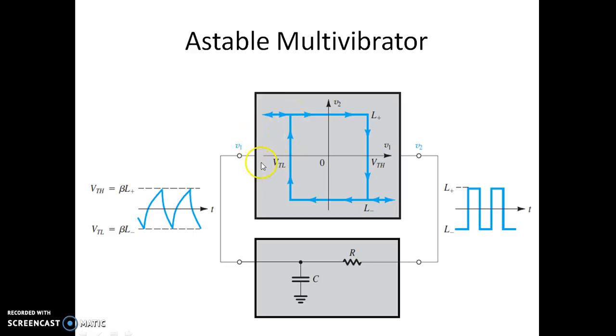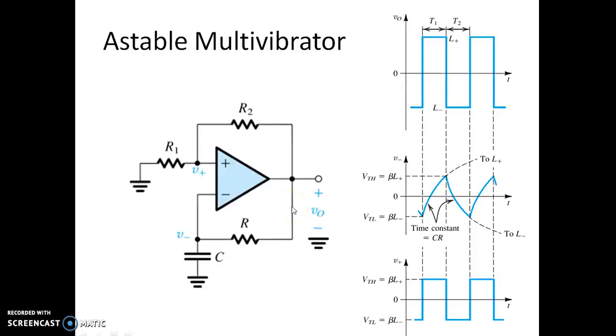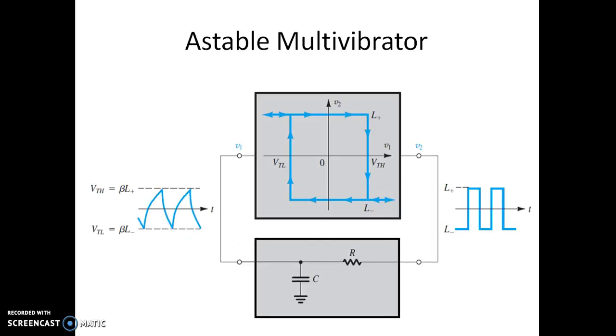Meaning the input to the Schmitt trigger is not given from an external source. The Schmitt trigger, which is a part of the astable multivibrator, gets its input from the capacitor charging as well as discharging.